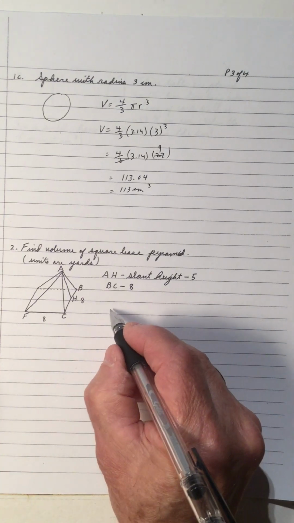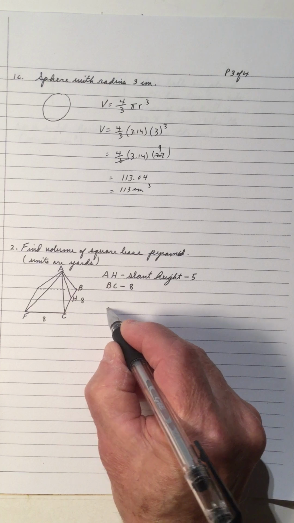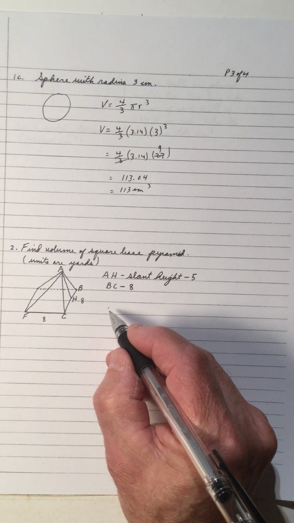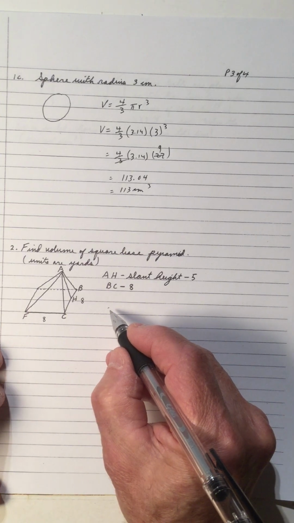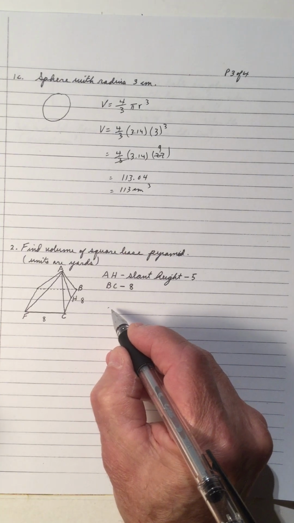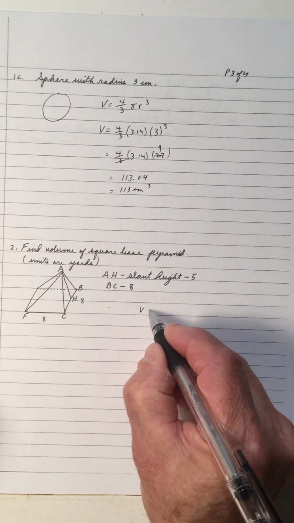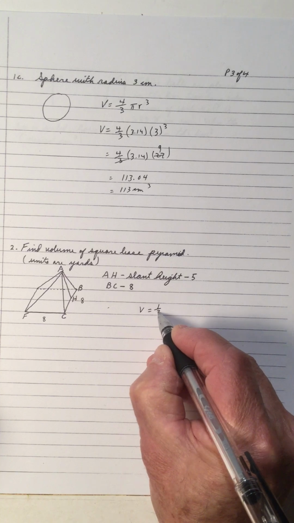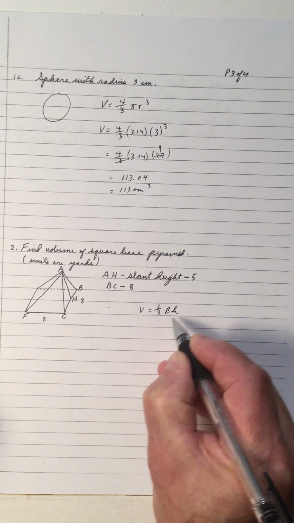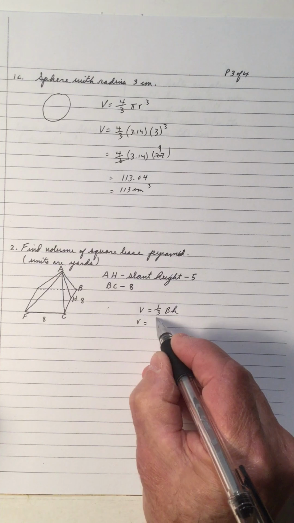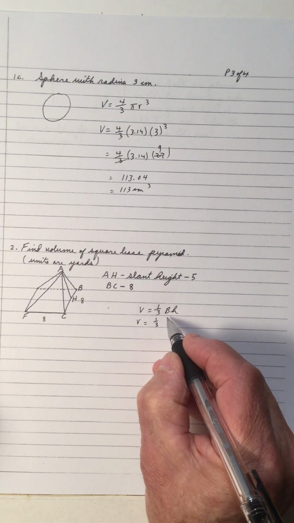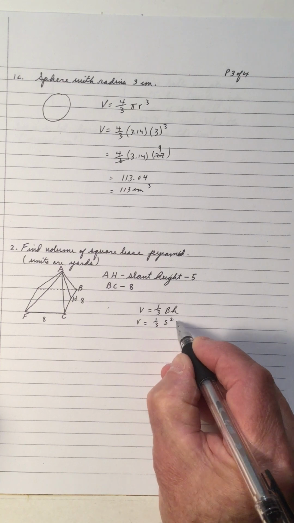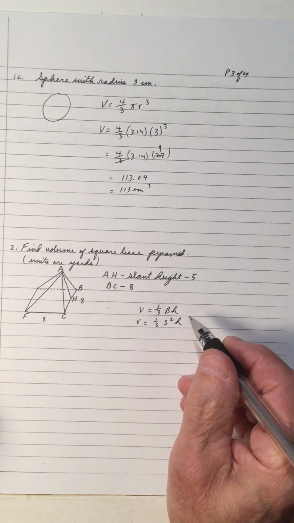And to get the volume of the pyramid, the formula is 1/3 base area times height. So the volume of a square base pyramid, the base is a square, so it's 1/3 S squared times height.